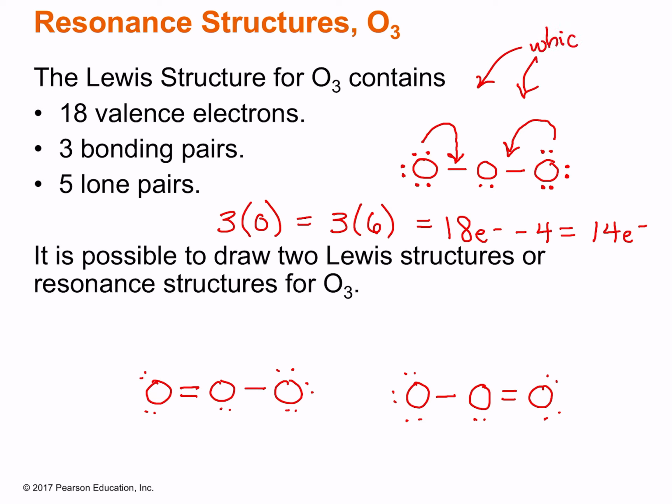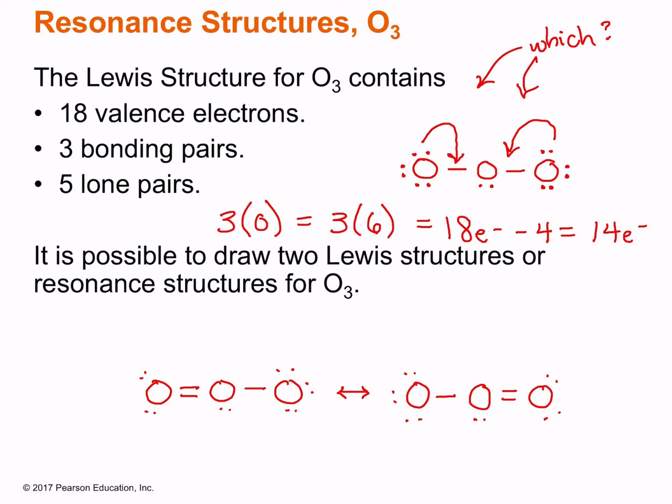And so that's how you'll recognize that you can draw resonance structures. These two that I've drawn at the bottom, I'm going to show that they are resonance structures with a double-headed arrow. These two structures are both correct Lewis structures for ozone. It just depended on which oxygen chose to make the double bond. So both of them are correct.